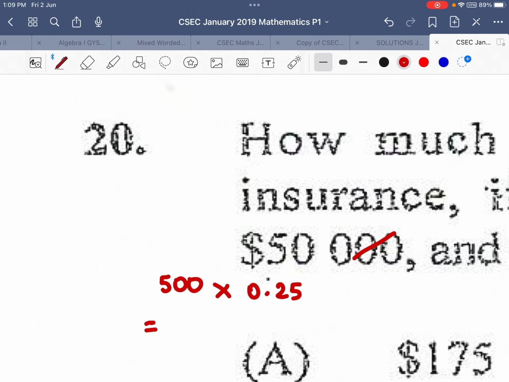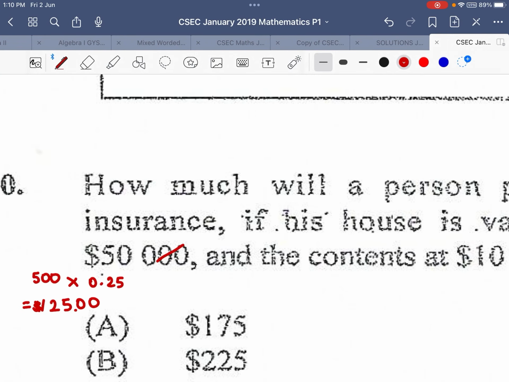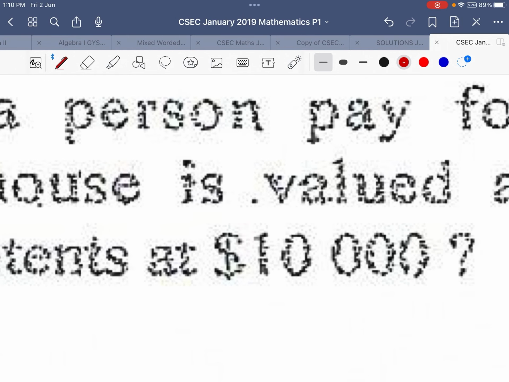It might be easier to work with fractions in this case, but your answer, and you can double check, will be 125. We'll add the two zeros and then put our decimal point. So that should be $125 for the house.